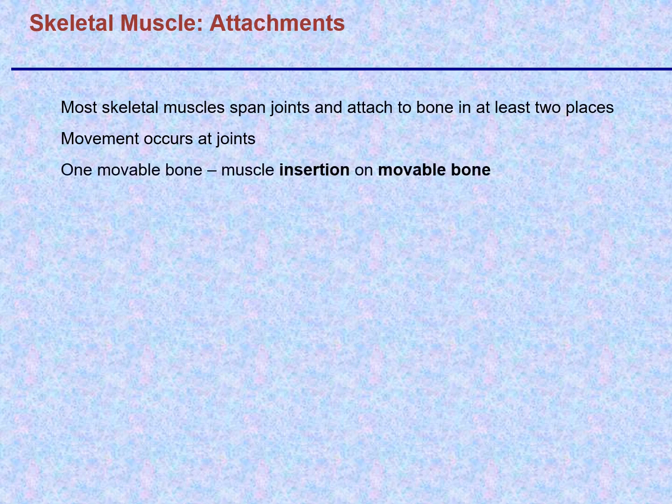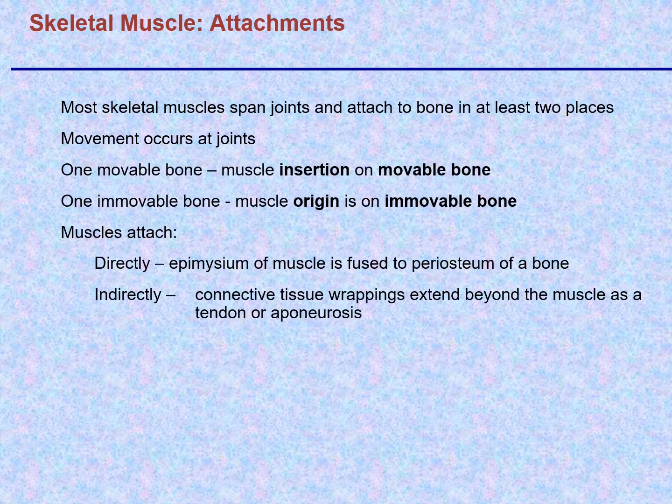The attachment, as I said, is by tendons, but you should understand that skeletal muscles, most of them, are attached over a joint. They'll cross over a joint and attach to bone in at least two ends, and they allow for movement at that particular joint.